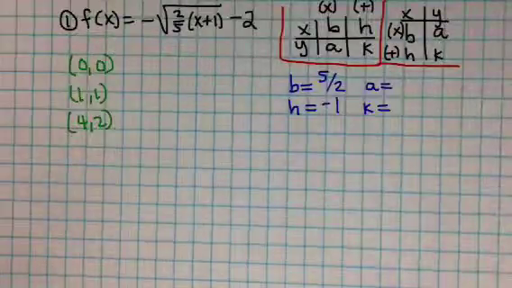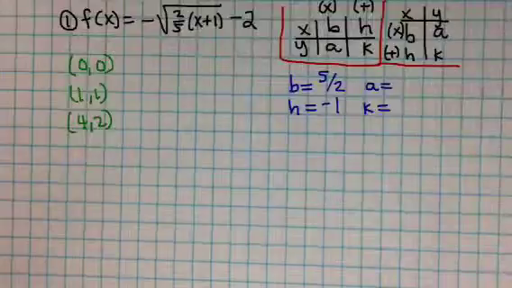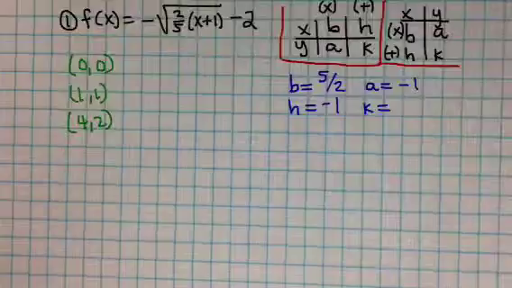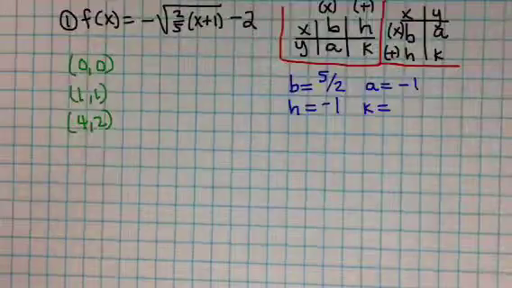The A value, that's the number in front of the square root, the radical, which all I see is a negative, so that means that A is -1. And then the K value, that's the number outside of the radical, added or subtracted to it, and in this case it's -2.